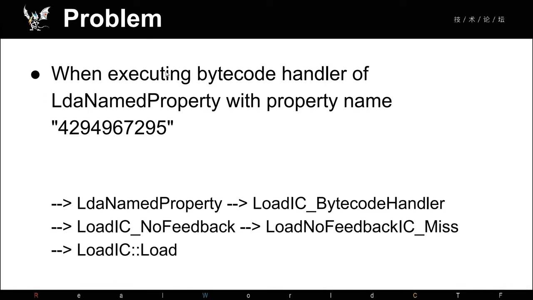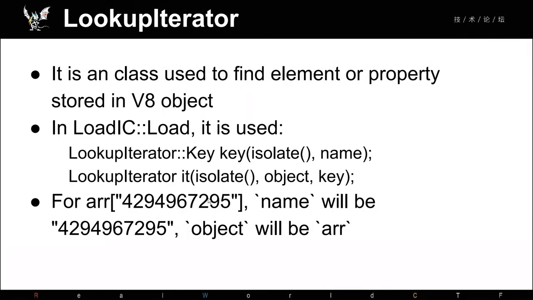And when executing this bytecode in the V8 interpreter, the handler will finally call the LoadIC::Load function with the property name being this numeric string. In LoadIC::Load, a class is used.